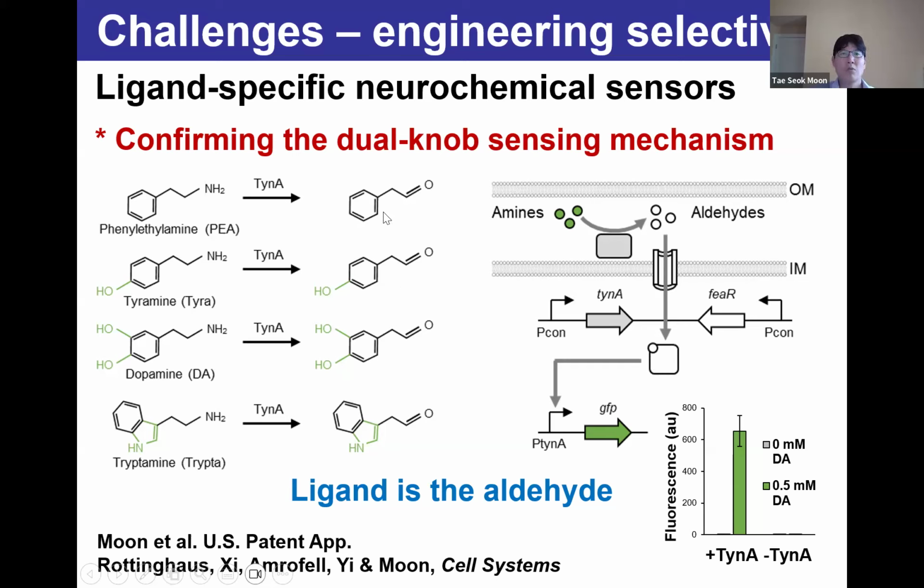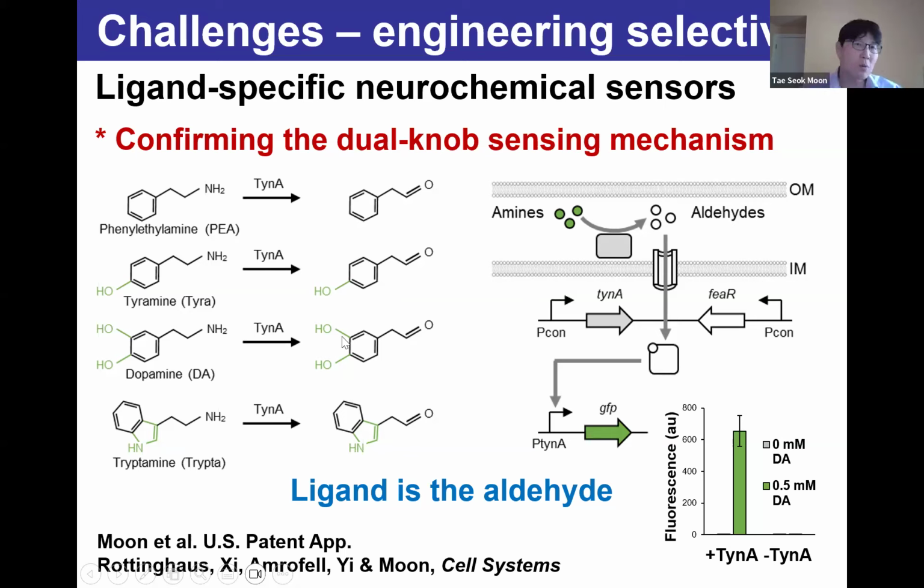We didn't find any aldehyde in the diet or in the gut, so with this fast reaction, the TNA-mediated amine to aldehyde conversion, we can claim this is really an amine sensor rather than an aldehyde sensor. And luckily the reviewer and editor bought this argument, and we published this one in Cell Systems.